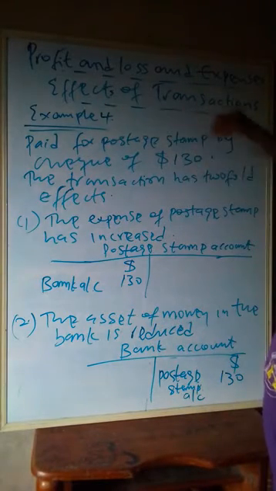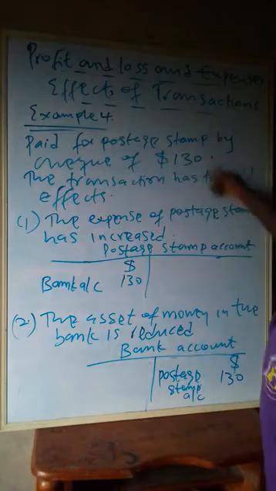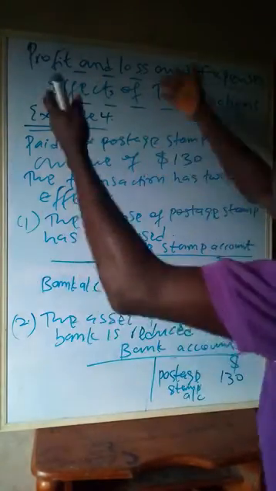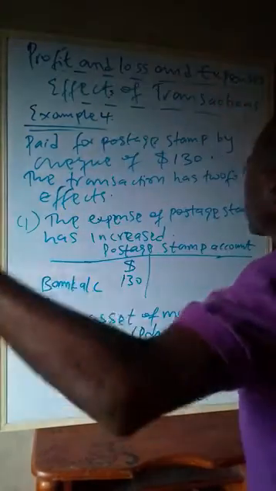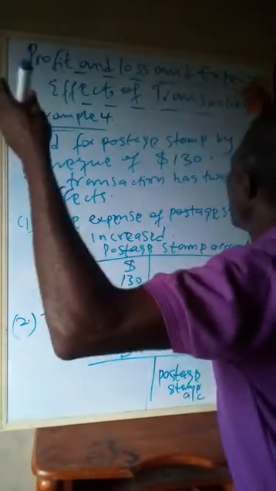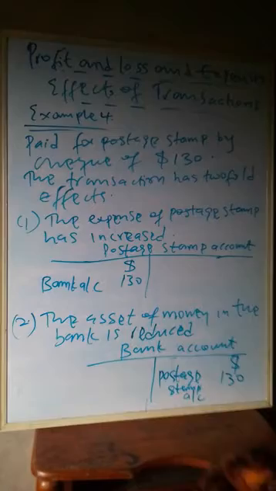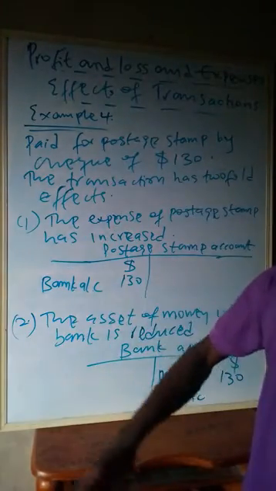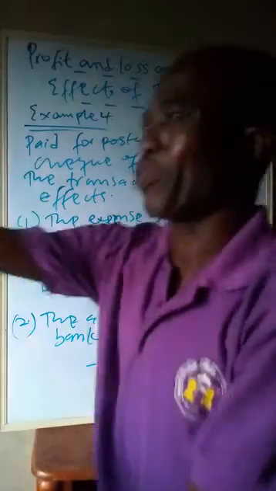Paid for postage stamp by check of $130. The transaction has twofold effect. That is the effect. We are talking about the effect of transaction, profit and loss, and expenses. I've said that we have treated assets of stock; you need to know the meaning of assets of stocks.